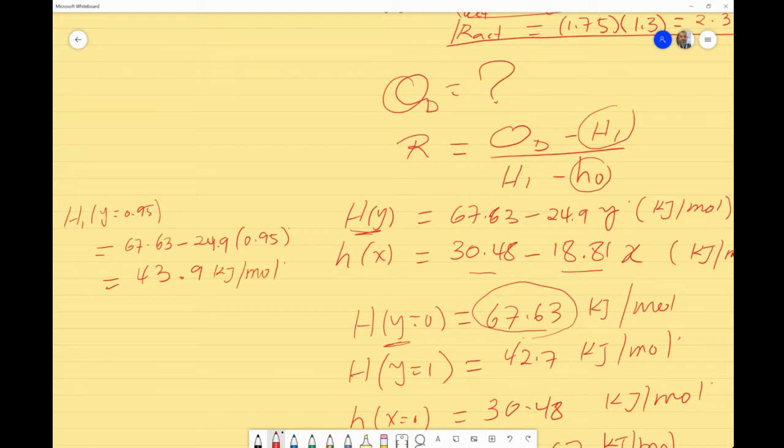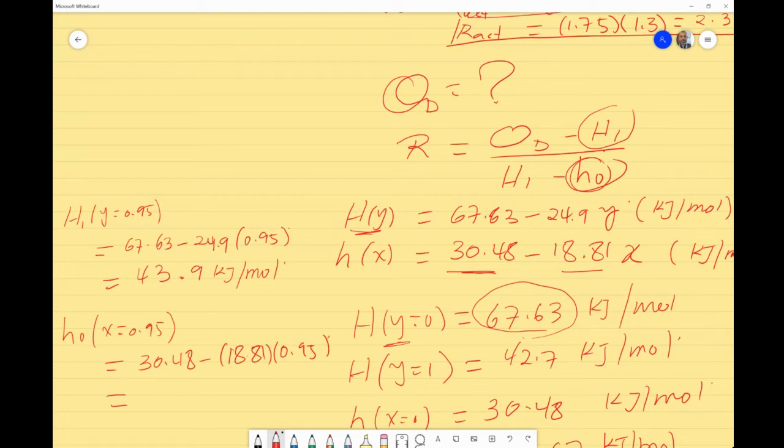Now I know H1, what I need is H0. So H0 is going to be at also X equal to 0.95, is equal to 30.48 minus 18.81 multiplied by 0.95.